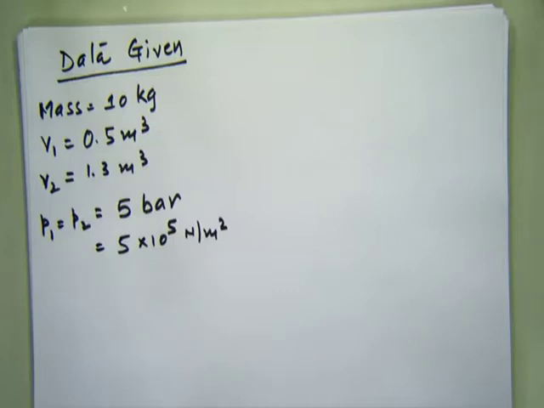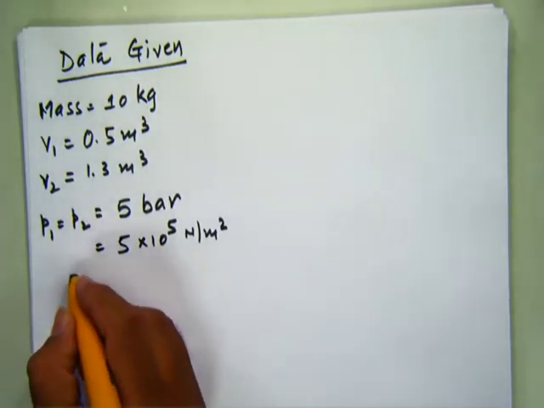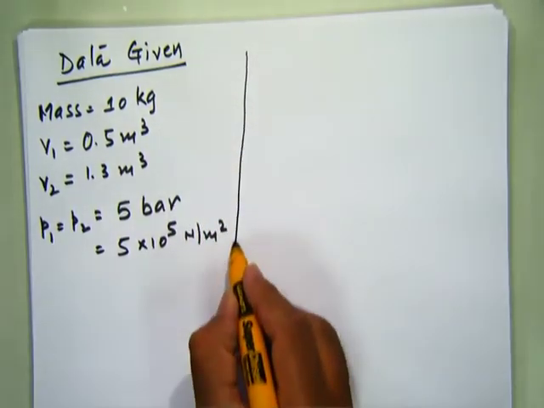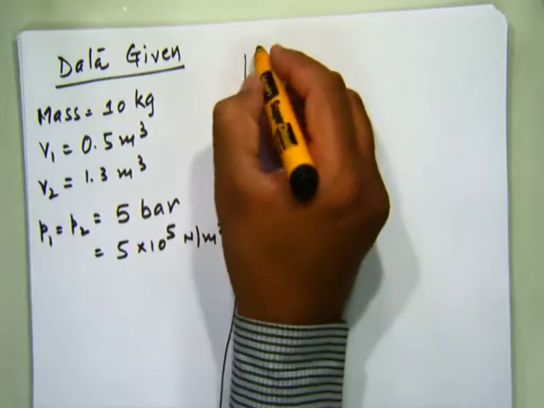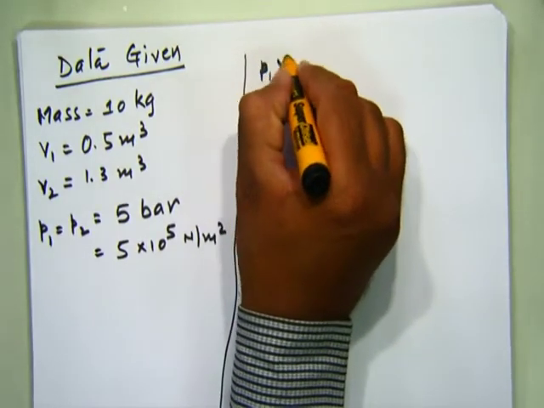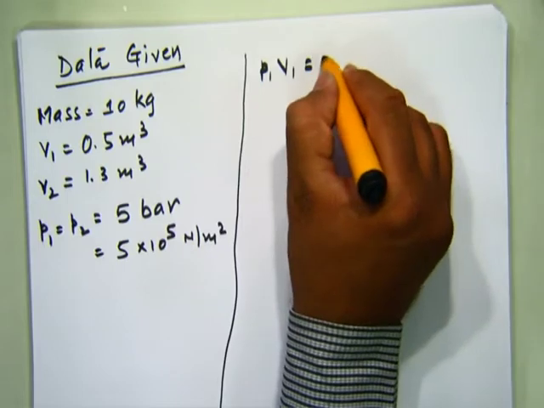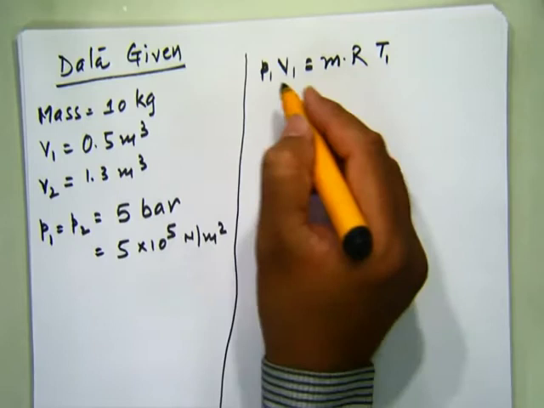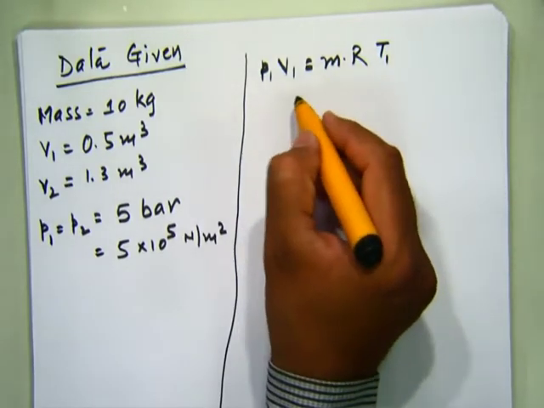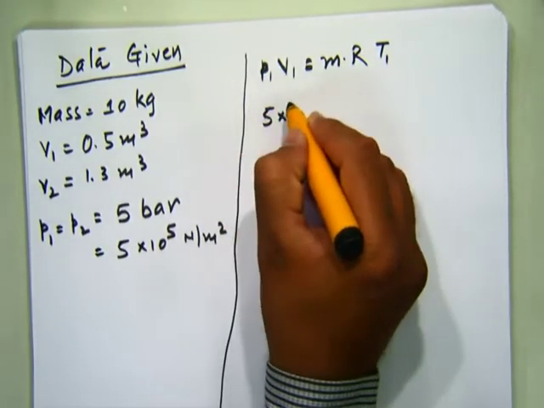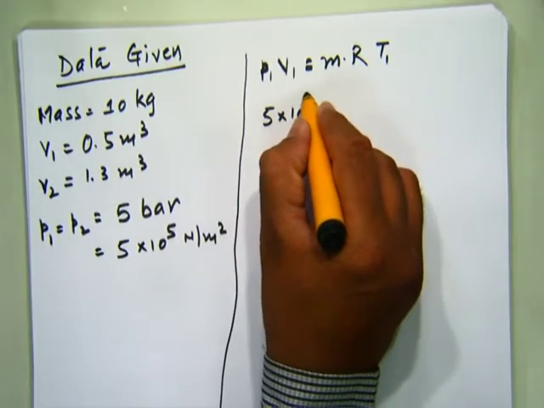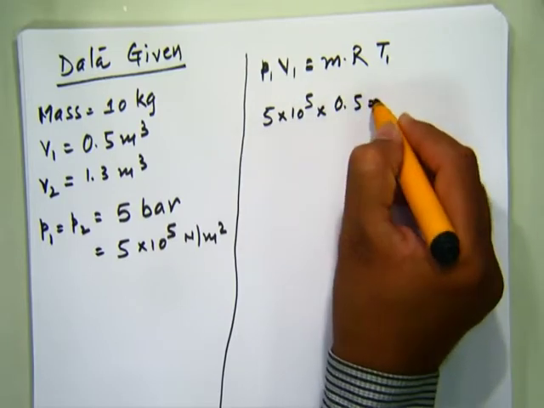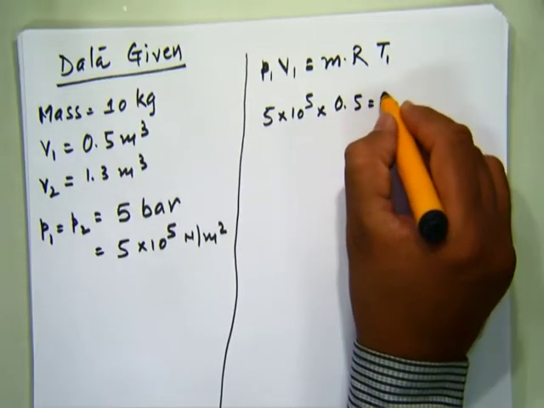Now you have the characteristic gas equation, that is P1 into V1 is equal to m R T1. You put the value 5 into 10 raised to 5, that is pressure. Volume is given 0.5, mass is given 10.